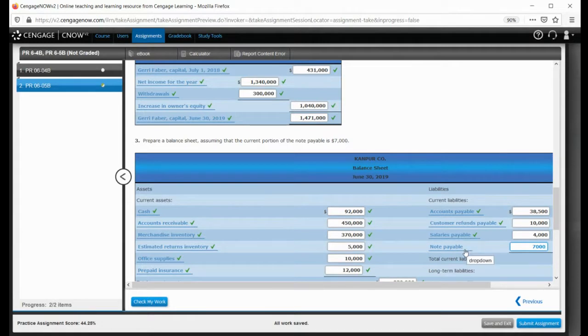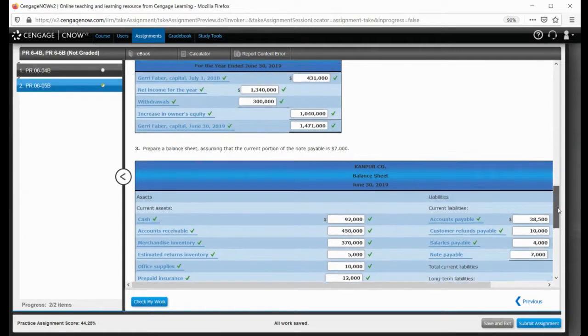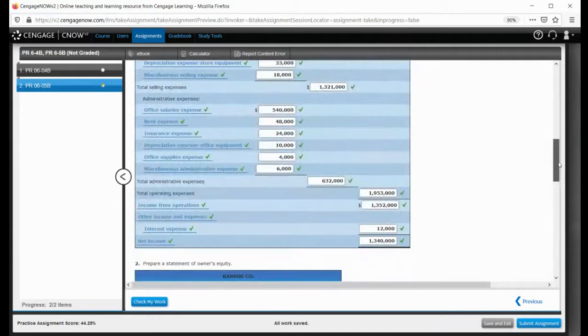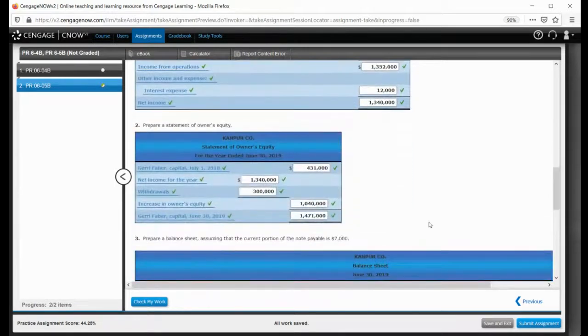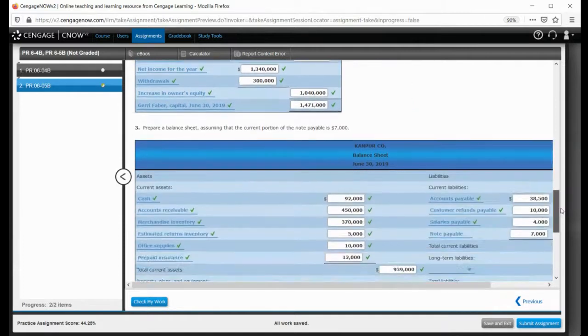That would help you to determine that it is a current liability that goes there. But what they're saying is they can pay off part of the note payable this year. The current portion is $7,000. So that's where I'm getting that $7,000 amount there, and that's why it goes in the current liabilities.